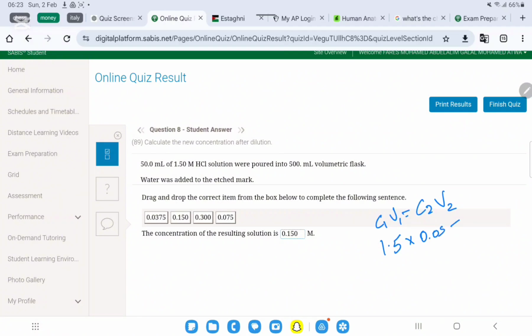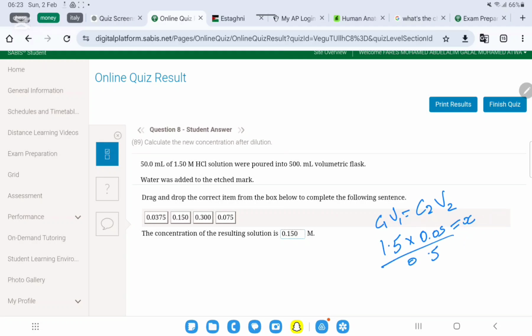0.05 equals C2, we want that as x, and V2 is 500 milliliters. Again, you want them in the same units, so 0.5. You move the 0.5, so you divide all of this by 0.5.